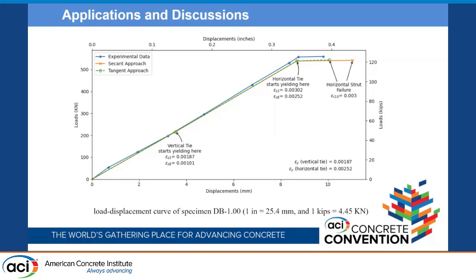This is the yielding strain of the vertical tie, and this is the strain in the longitudinal tie, which is not reaching the yielding strain. So we continue with the same E_s, but we keep counting what's going on inelastically in the vertical tie at the crack level. And you see that the experiment matches the analysis for both the secant and the tangent approach very closely.